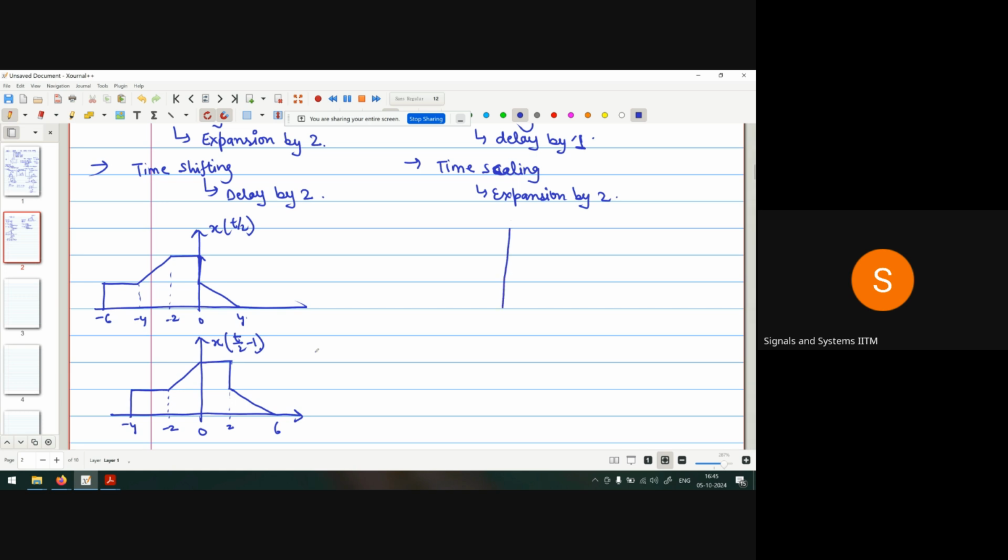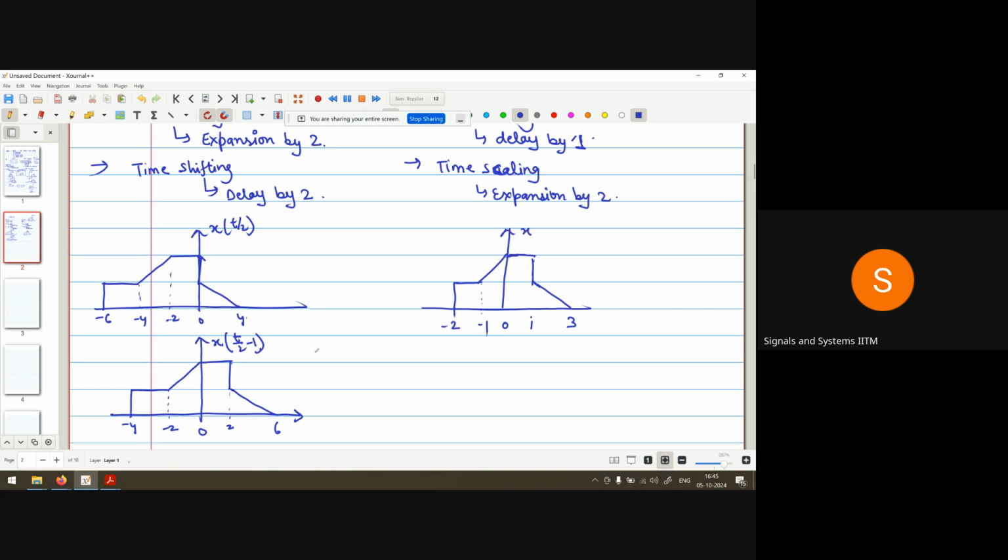The signal that started from -3 becomes -2, -2 becomes -1, -1 becomes 0, 0 becomes 1, and 2 becomes 3.